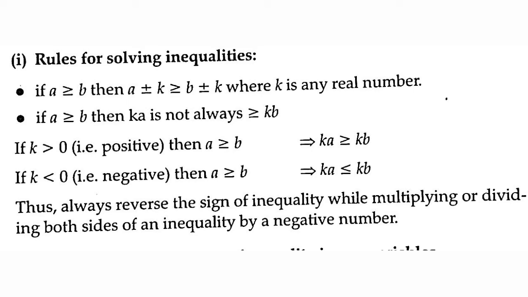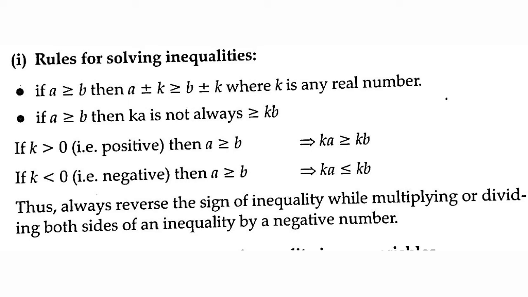Now next is the rule for solving inequality. If a is greater than b, then a plus or minus k is greater than b plus or minus k, where k is any real number. If a is greater than b, then ka is not always greater than kb.